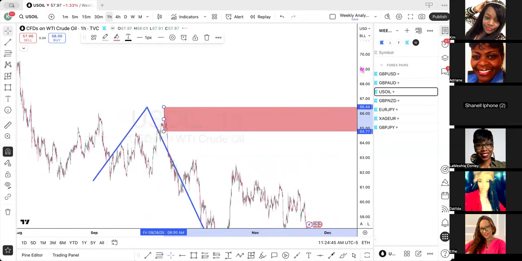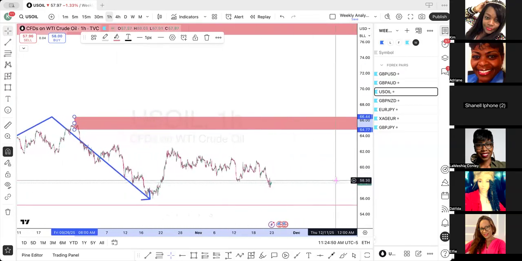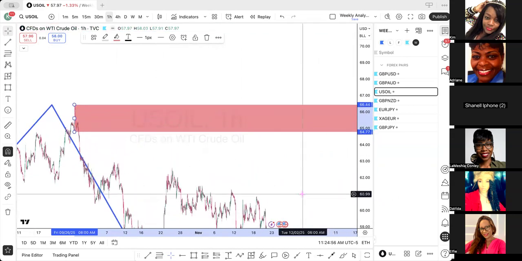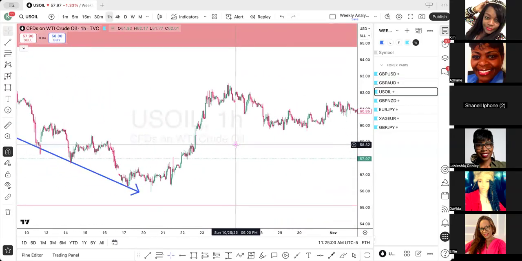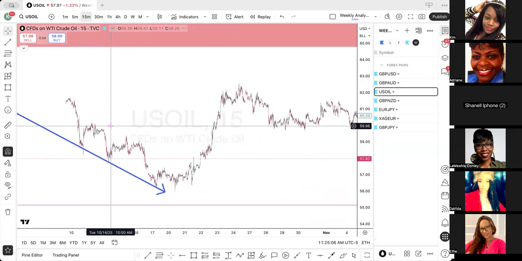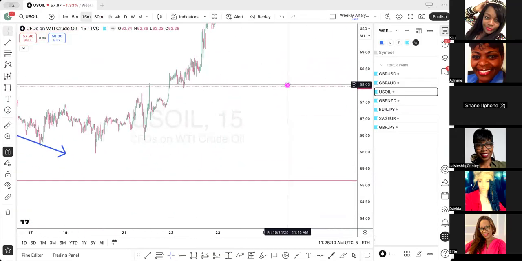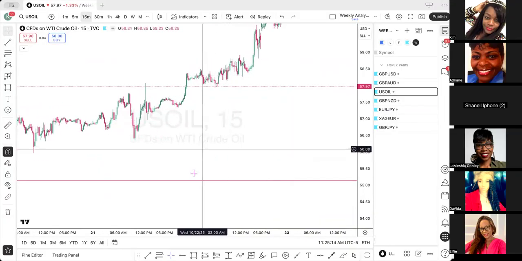So price shifted structure. Let's find our 15-minute demand zone. That's the 15-minute demand zone.